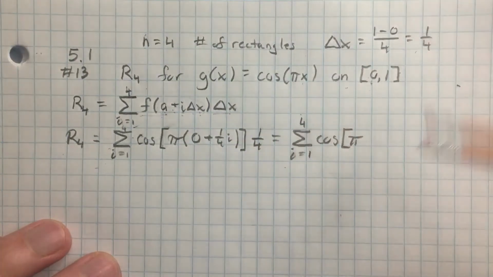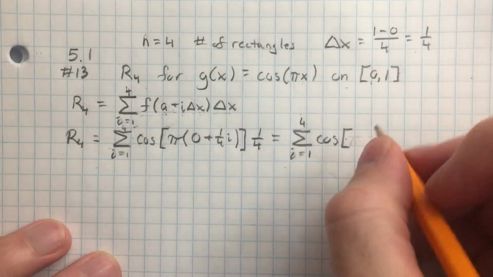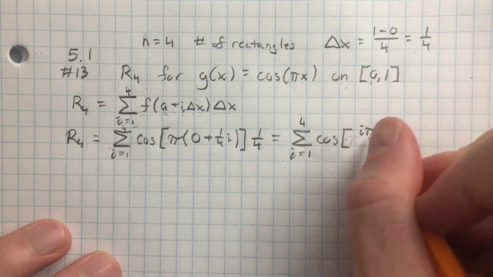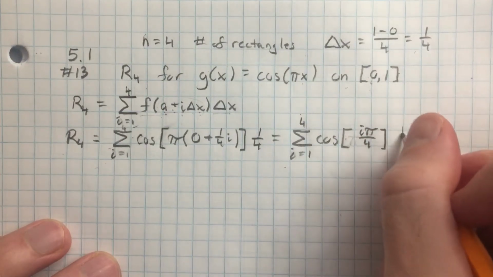Let's write that all in one shot, like i pi on 4, times another 1/4 on the outside.